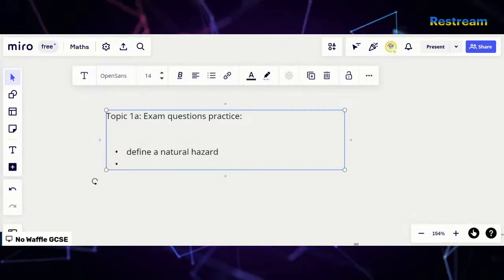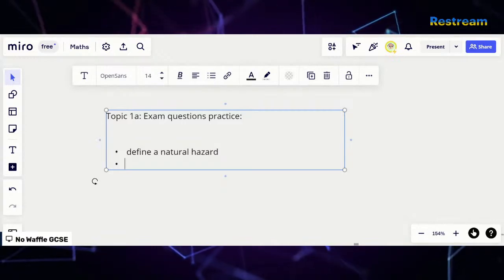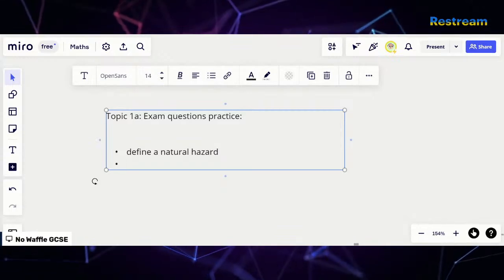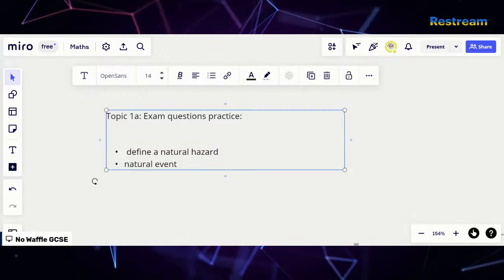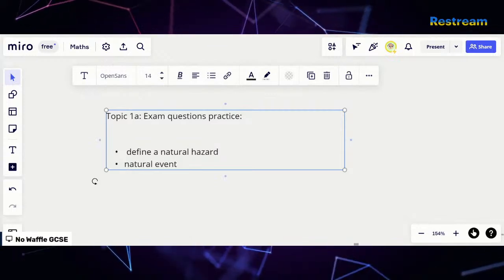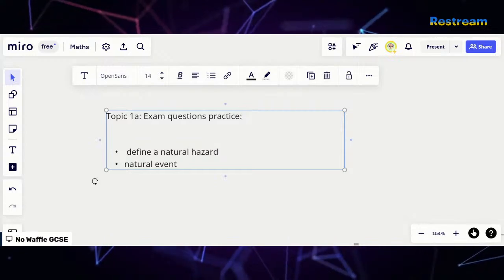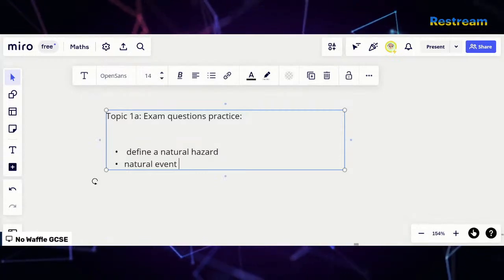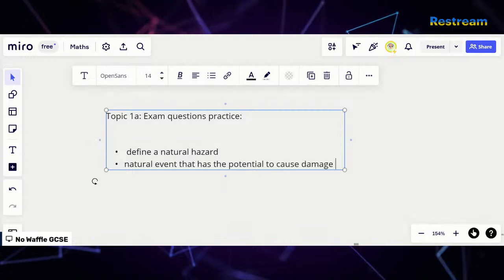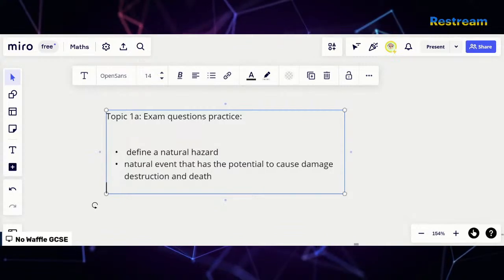But firstly, you need to say that natural hazards are a natural event, and the second thing you need to say is that it can cause things such as earthquakes, volcanoes, and tropical storms that threaten people or have the potential to cause damage, destruction, and death. So a natural event that has the potential to cause damage, destruction, and death. So if you see that question in the exam, you know exactly what to write.